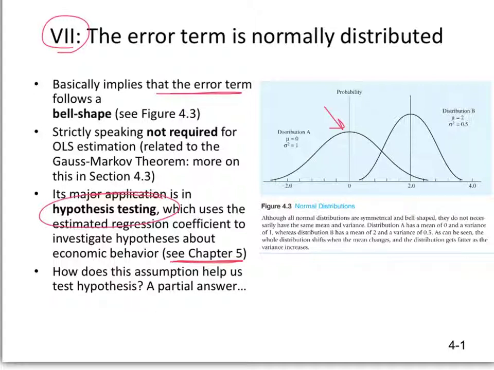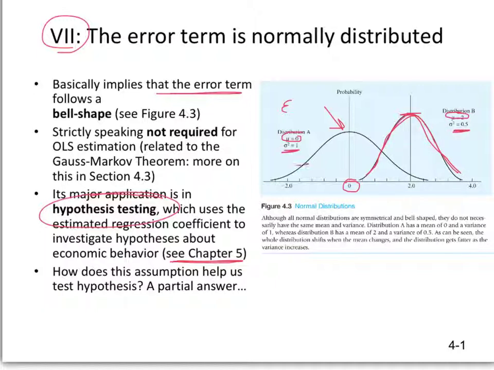And if we add the classical assumption that the stochastic error has the mean of 0, okay, then this is also true if we're looking at a distribution of sigma values here. Okay, the two distributions shown differ not only in their means, this one at 0, this one at 2, but this one has a little bit thicker tail, and a little bit lesser tail and a little bit higher peak, which means that its variance is a little bit smaller than this one.